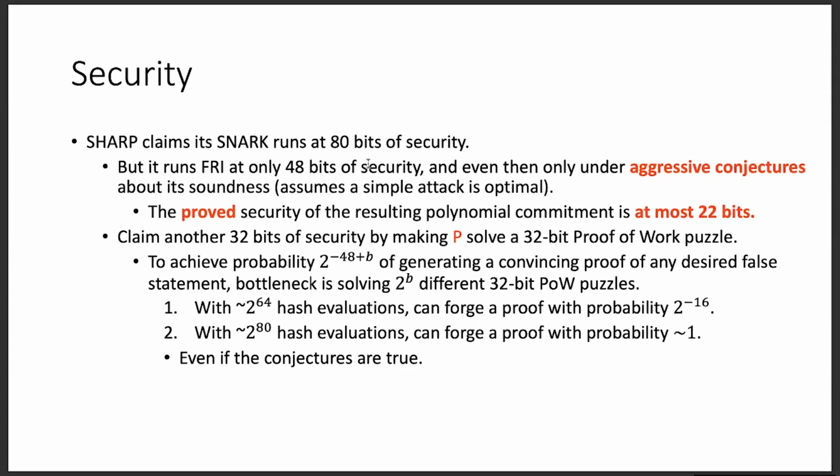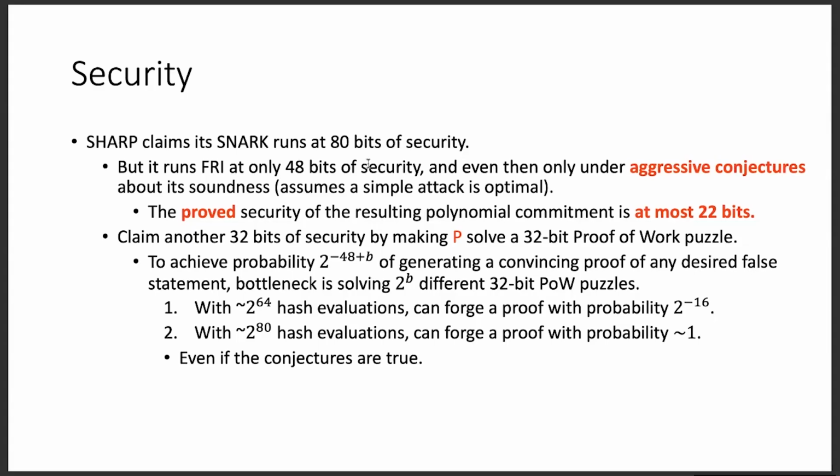All of this involves Reed-Solomon codes, and the technical lemma is proved up to what's called the Johnson bound, which is a list decoding radius for Reed-Solomon codes, and that turns out to be 1 minus the square root of the rate of the code. So one part of the conjecture is that the same result would apply all the way up, so you can get rid of the square root over that rate.